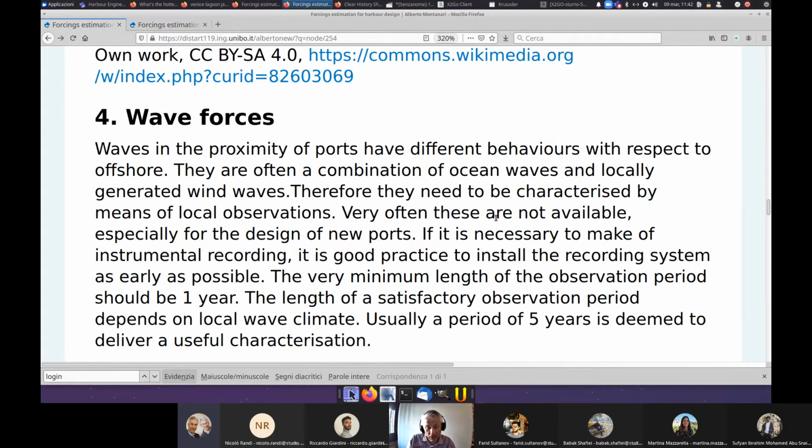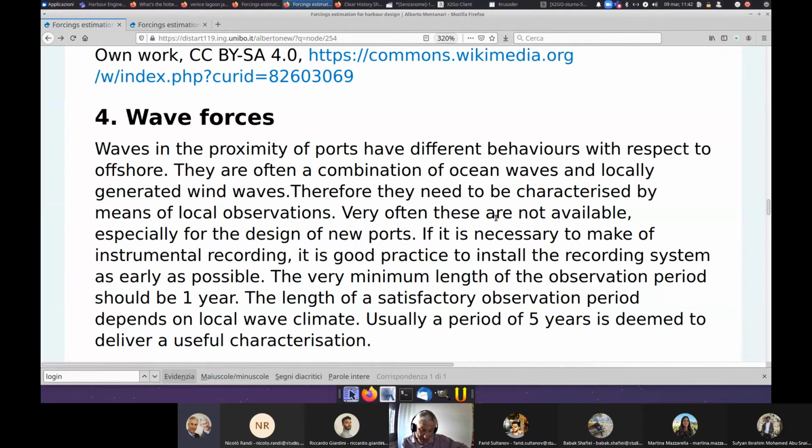Keep in mind that if you install new monitoring systems, before getting a reliable statistical representation of wave forcing, you need to collect observations for at least 1 year. This is one indication, but in general, 1 year, because you need to cover the seasonal period. You need to get observations in all seasons.